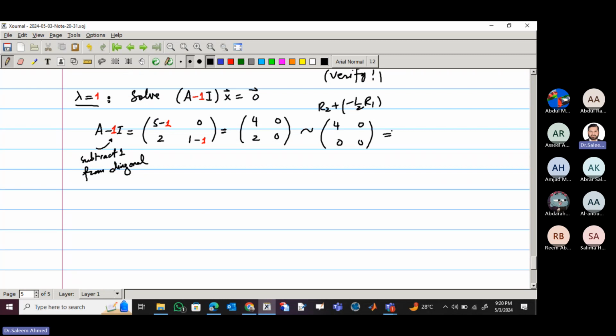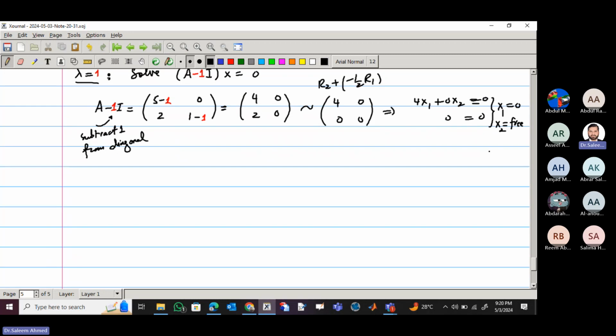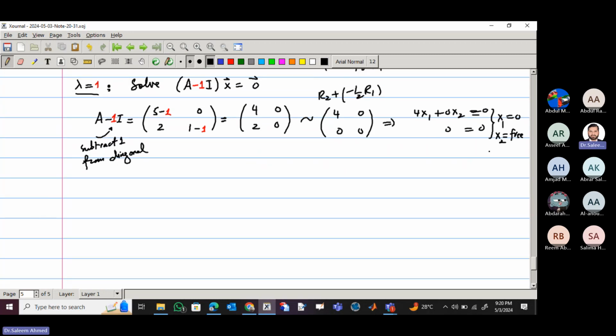From here, the system is 4x1 plus 0x2 equal to 0, and from the second it is 0 equal to 0. So from the first one, x1 equal to 0, and x2 I did not get, so it is free. One of the variables has to be free in an eigenvector.